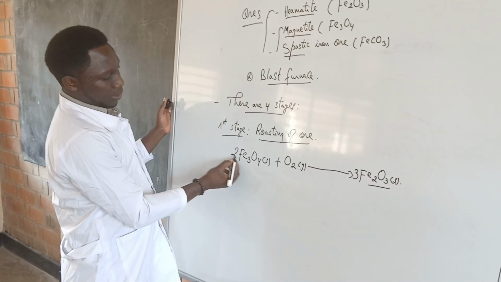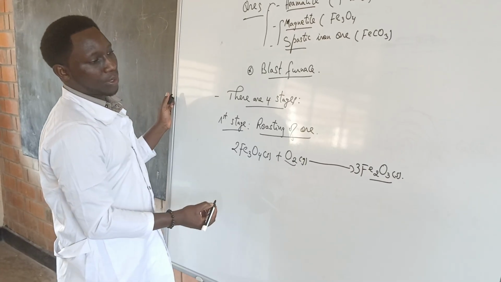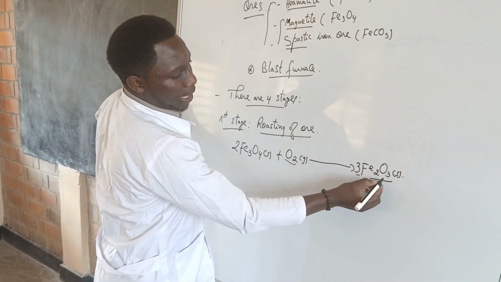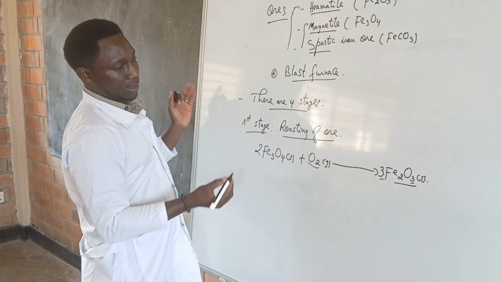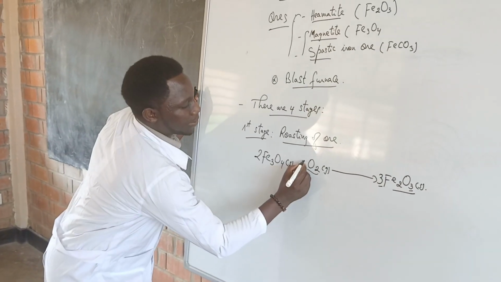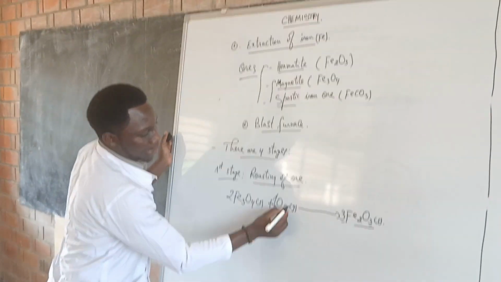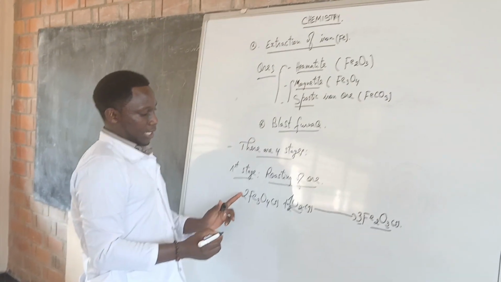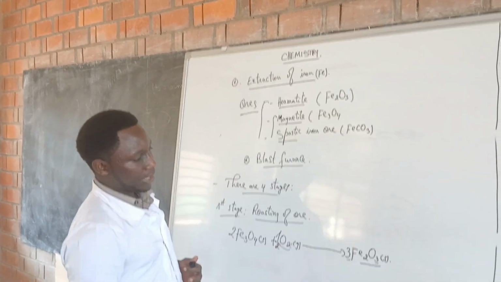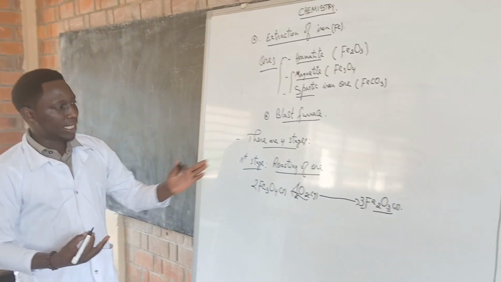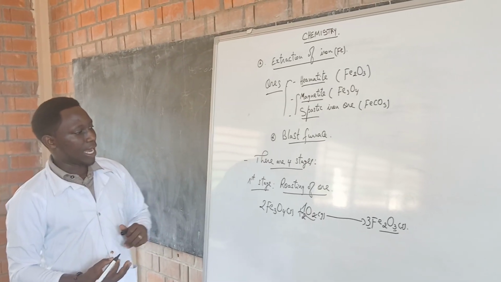For oxygen, 2 times 4 equals 8, then when we add this 2 it equals 10. 3 times 3 equals 9. The number of oxygen atoms is different, so I'm going to multiply by a half here, and then I simplify this 2 by this 2. Then 2 times 4 equals 8, and adding 1 becomes 9. This is the first stage of extracting iron.